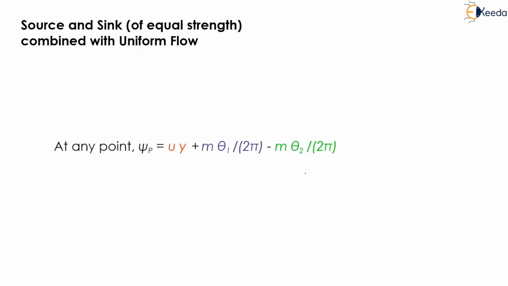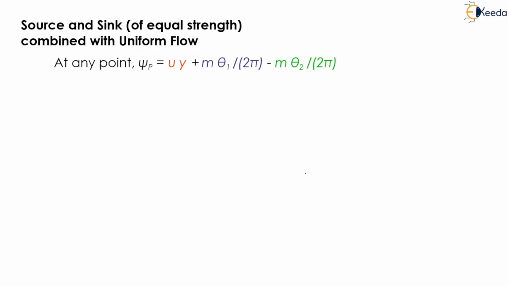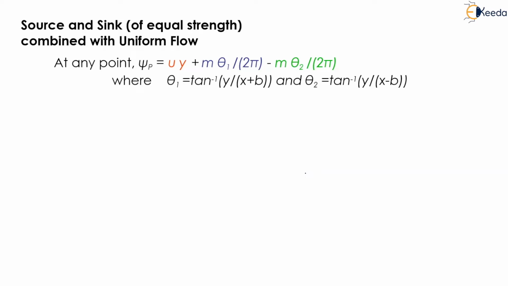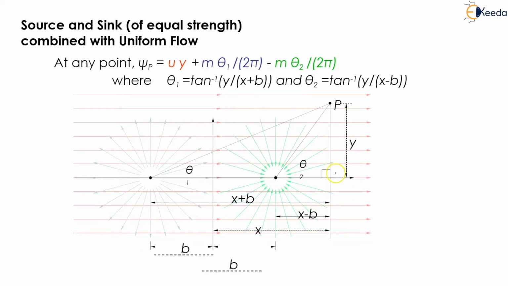Source and sink of equal strength combined with uniform flow. Now at point P, psi of P is equal to uy plus m theta 1 upon 2 pi minus m theta 2 upon 2 pi, where theta 1 is, like we previously discussed, tan inverse of y upon x plus b, and theta 2 is tan inverse of y upon x minus b.